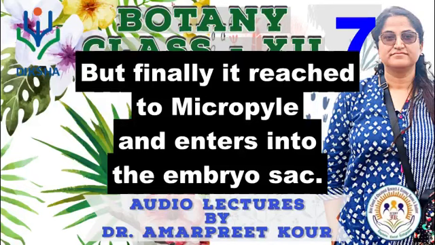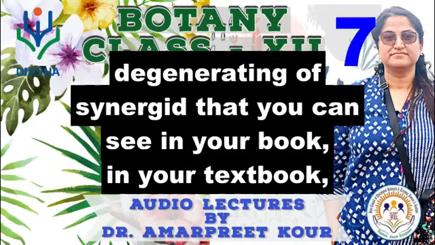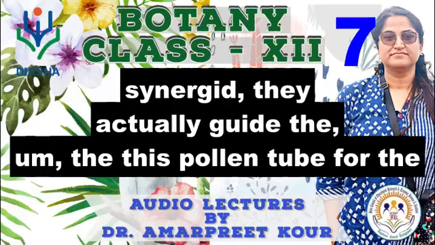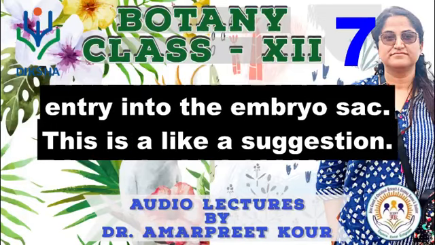And what is happening over here? The first thing that happens is the degeneration of the synergid, which you can see in your textbook. The picture is very clear. Some recent research has suggested that the filiform apparatus present in the synergid actually guides the pollen tube for entry into the embryo sac.